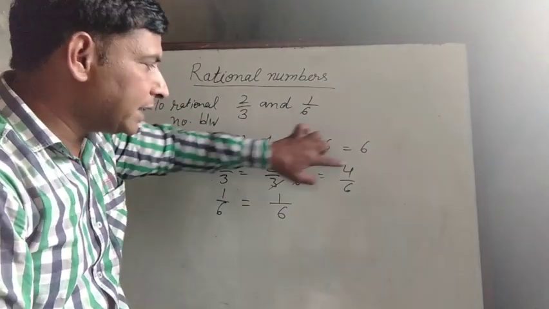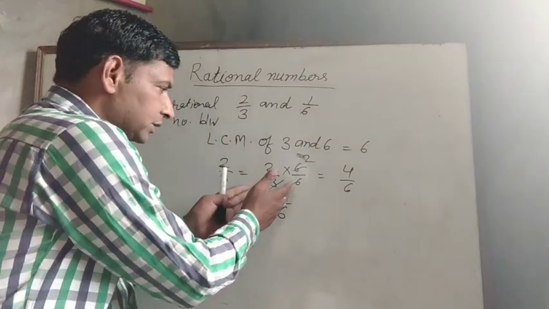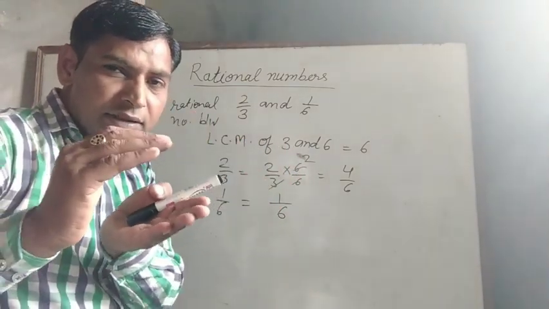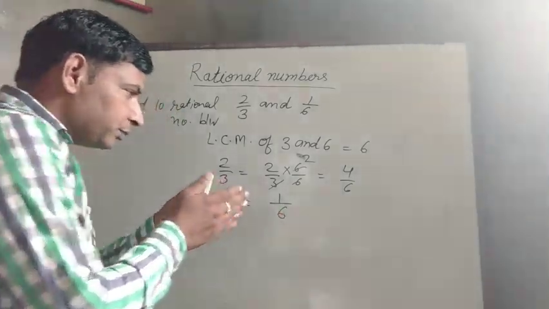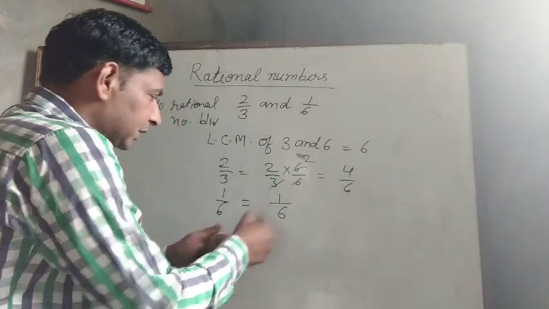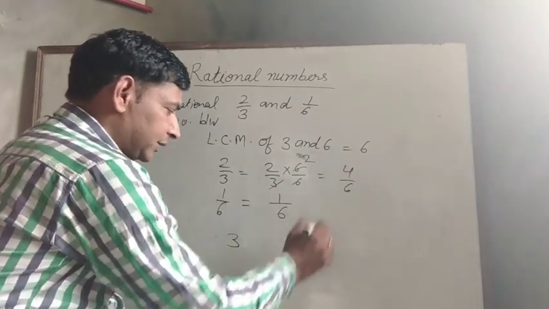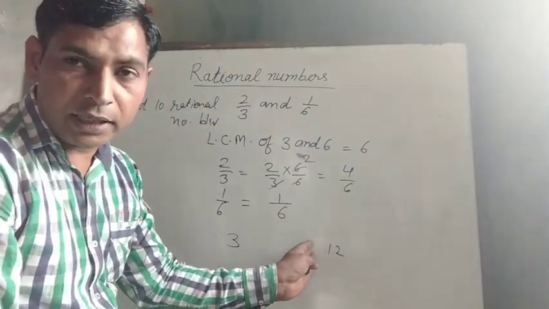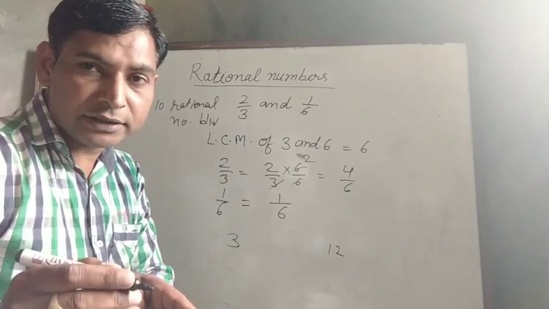Between 2 and 8 there are fewer than 10 numbers. Now multiply by 3. If we multiply by 3, then we get 3 and 12. Between 3 and 12 there are not sufficient rational numbers.